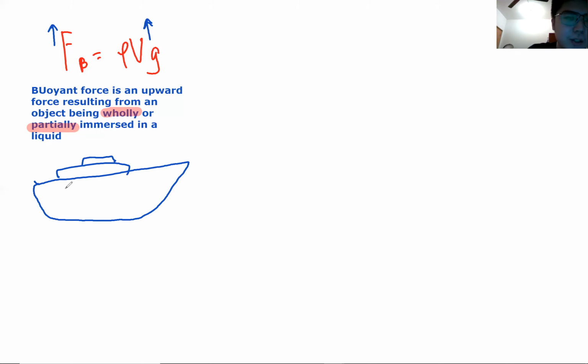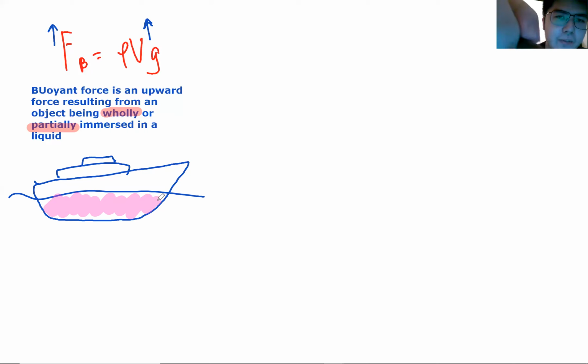So this is the ship, and this is the water, right? Where is the submerged section? It's down here, right here. This is the volume. So the bigger the volume, the bigger the buoyant force. Why do we want a big buoyant force?